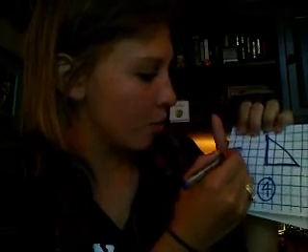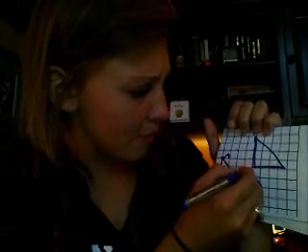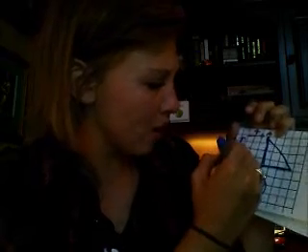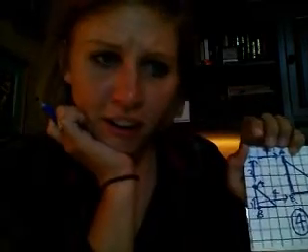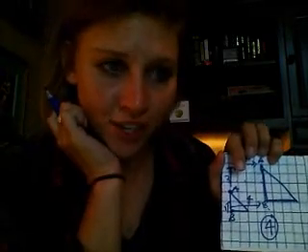1, 2, 3, 1, 2, 3, 4. But wait a minute. That's not point B on this triangle. So point A moves up 3 and over 4, but point B only moves up 1 and over 1, 2, 3, and over 4 points. So here you have 2 points that aren't moving the same distance and direction.